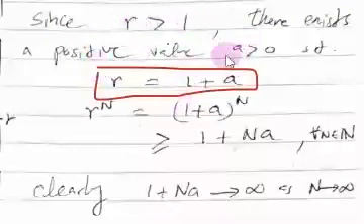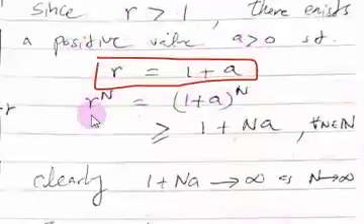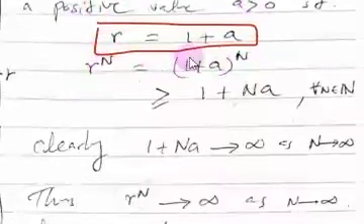So this a is a positive value. Now let's take r to the power N. Let's take the power on both sides. Then you get r to the N equals 1 plus a, everything to the power uppercase N.